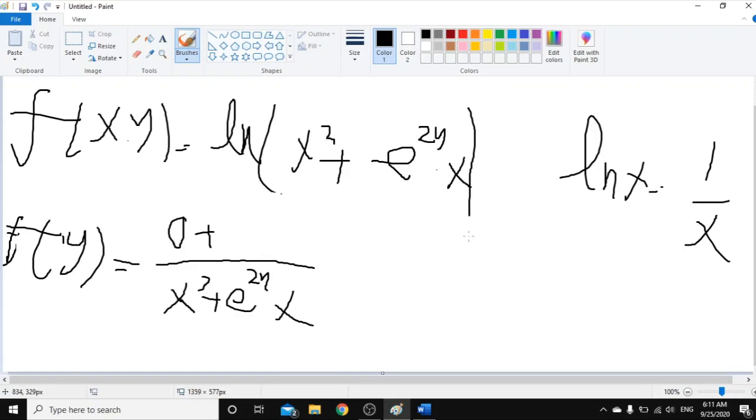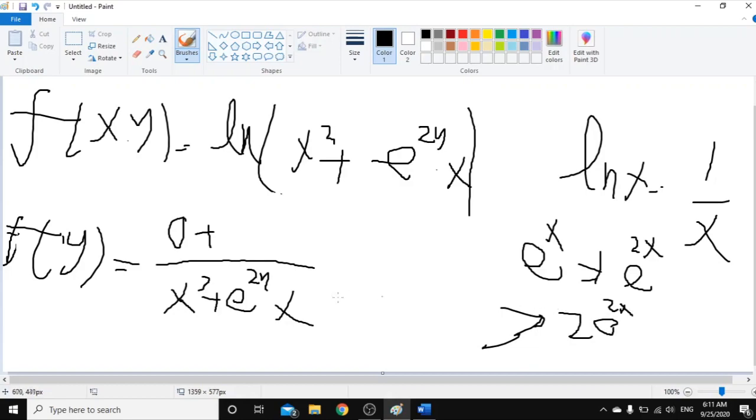So let's say for example the derivative of e to the x is e to the x, the same. But if you have, for example, e to the 2x, it's not the same. So e to the 2x derivative will be 2 e to the 2x.